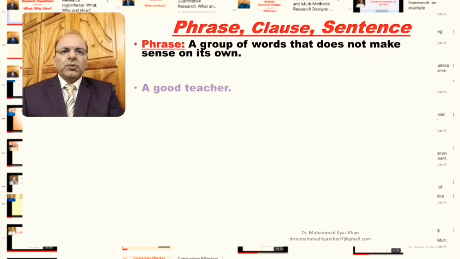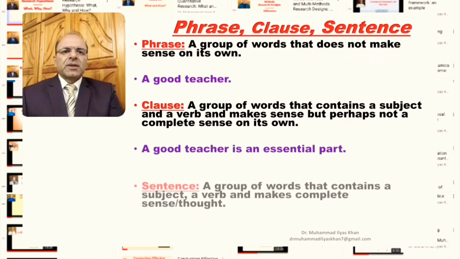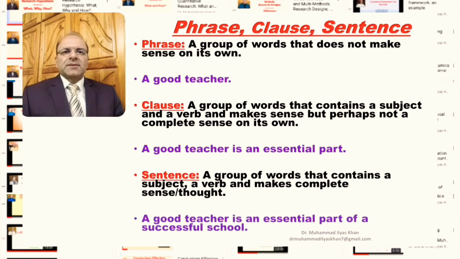Now, before we understand the different types of sentences in terms of structure and in terms of functions, we need to understand certain relevant terms in language, and these include phrase, clause, and sentence.